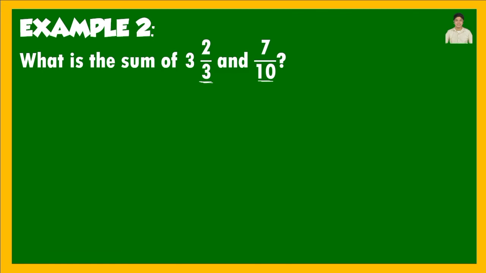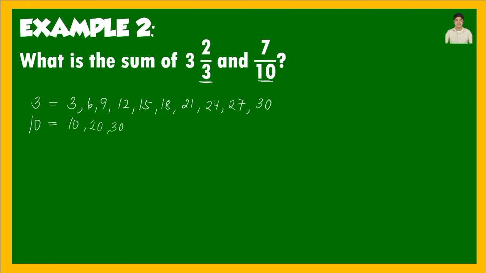Kagaya ng ginawa natin kanina, lista natin yung multiples. 3, 6, 9, 12, 15, 18, 21, 24, 27, 30. 10 naman. 10, 20, 30, 40, 50, 60, 70, 80, 90, and 100.